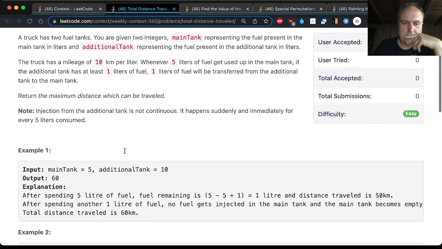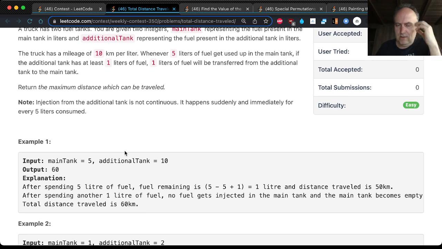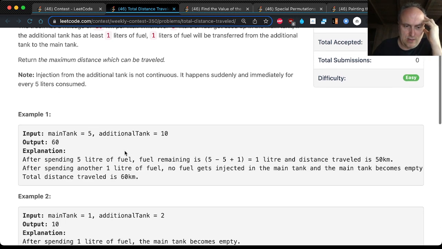Okay, so that makes sense. And now, in tank is 1, it's 10 kilometers. So it should be 10.